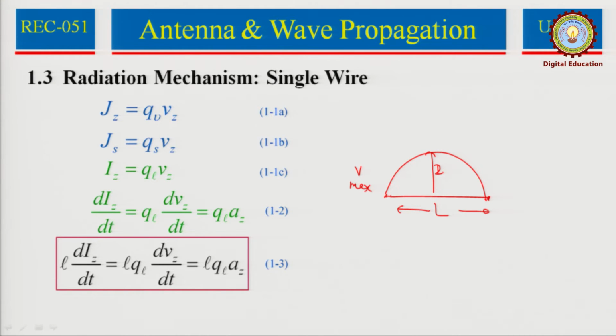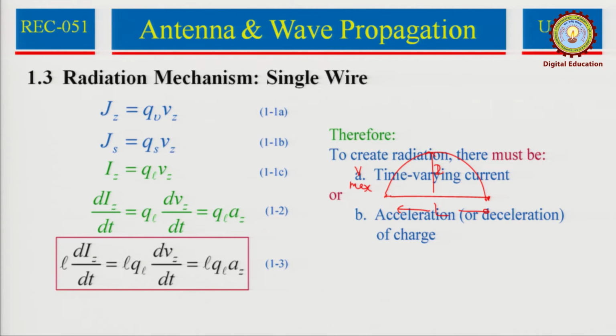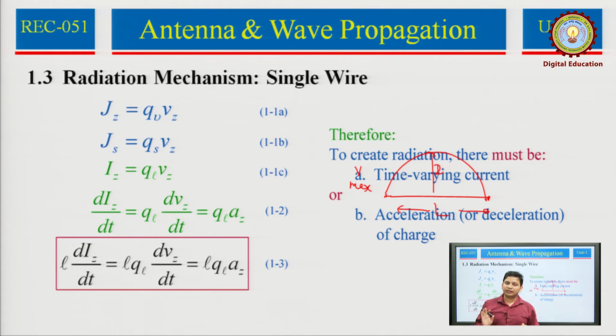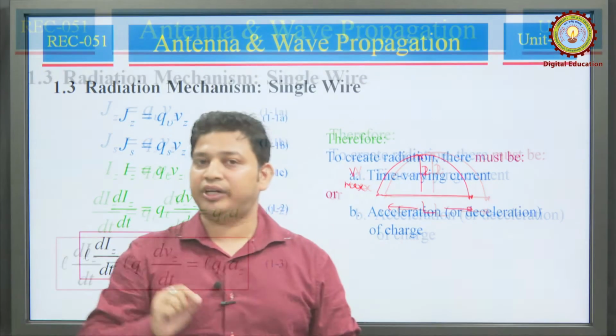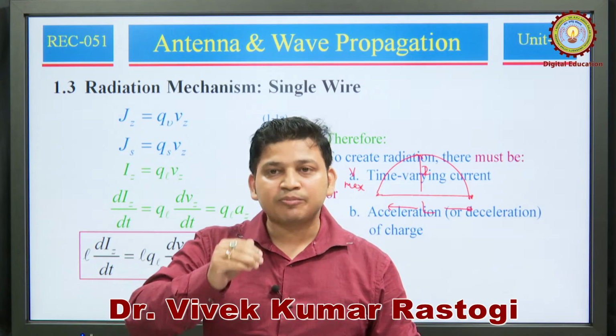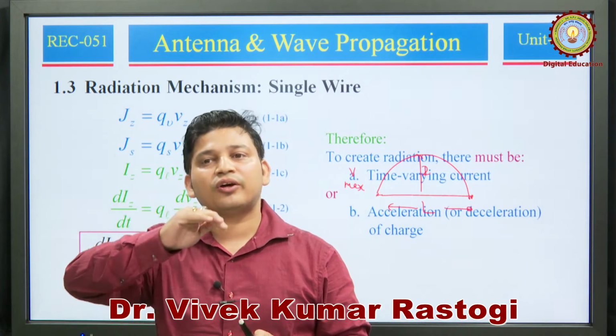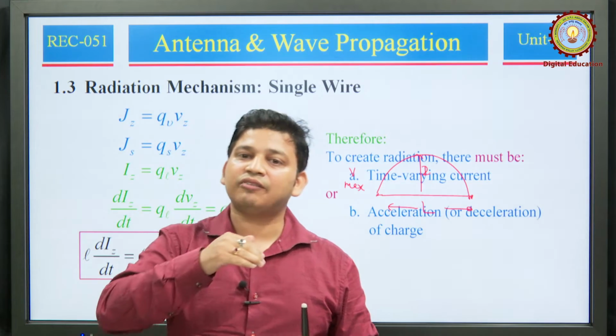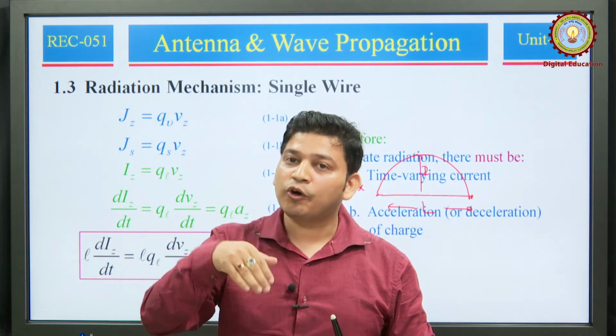From here we can clearly say that to create radiation there must be time varying current. If there is a constant DC, there is no radiation. There must be time varying current or time varying voltage, and second, acceleration or deceleration of charge. A uniform flow will not result in radiation. There must be some disturbance in the velocity of charge so that the acceleration changes. How does it happen?